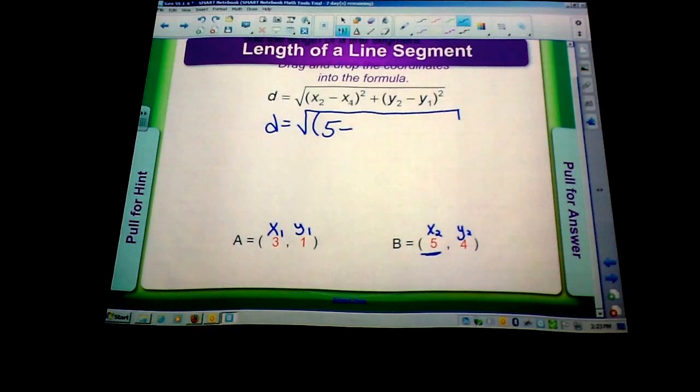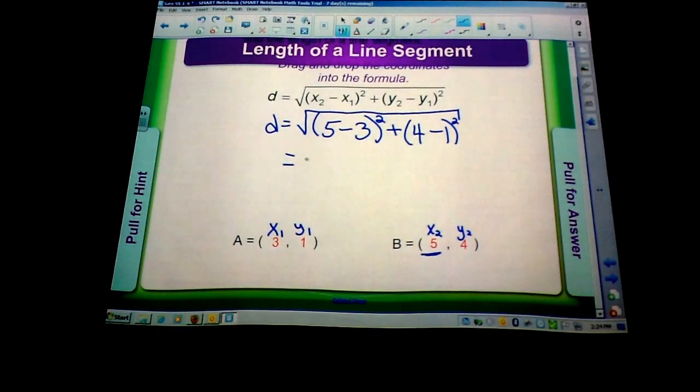So now I locate x sub 1, so I've written it down, it's right below it, which is 3, squared, plus, now I need to find my y sub 2, so I come down to the formula, here's my y sub 2, underneath of it is 4, minus is part of the formula, and then I'm looking for my y sub 1, so right here's my y sub 1, I've got it labeled, it's the 1, and that should be squared there. So now it's just a matter of, can I simplify this correctly?